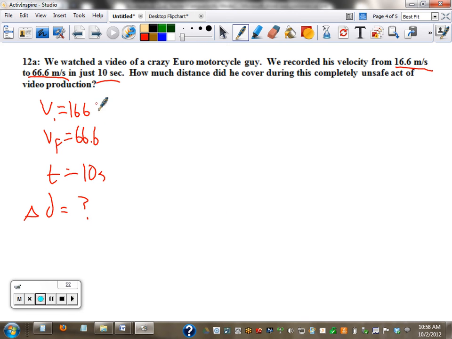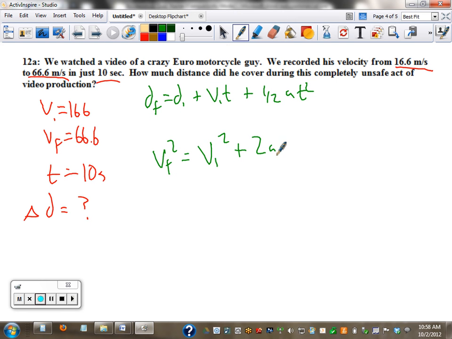So we've got a couple distance formulas. Both of them have one problem. We don't know acceleration. So in order to use either one of these, we need to find this first.